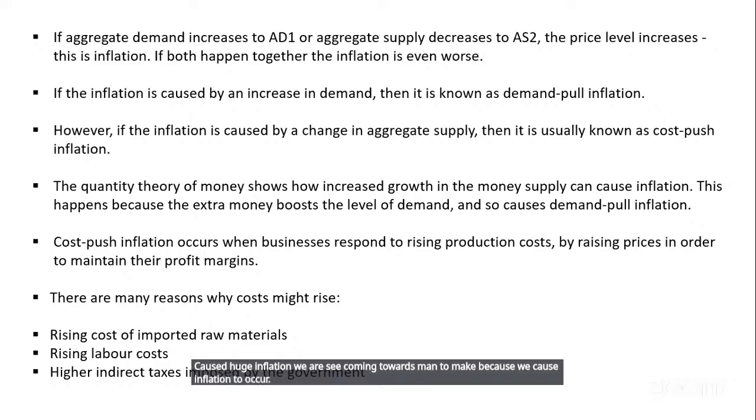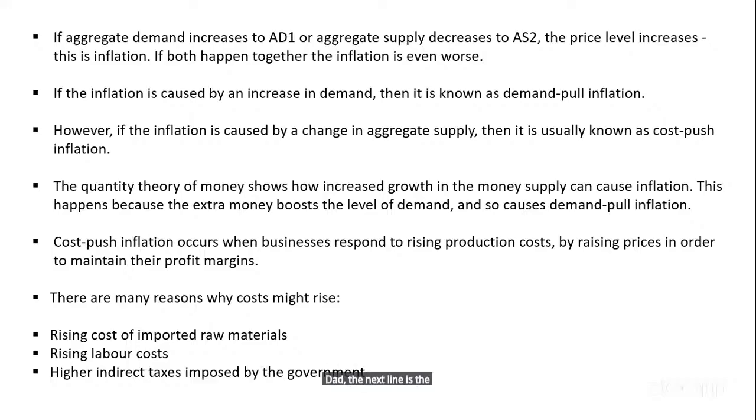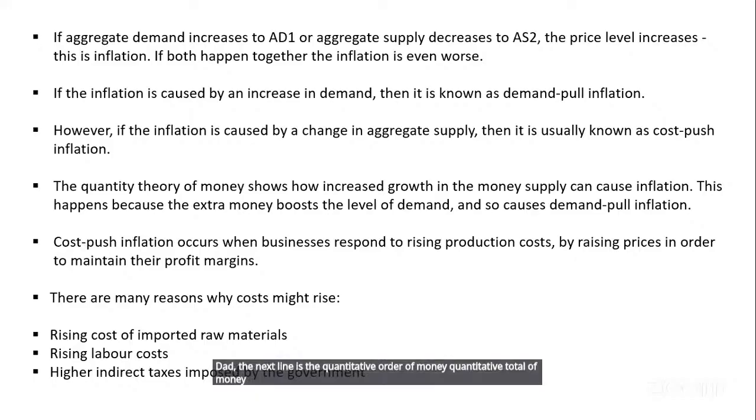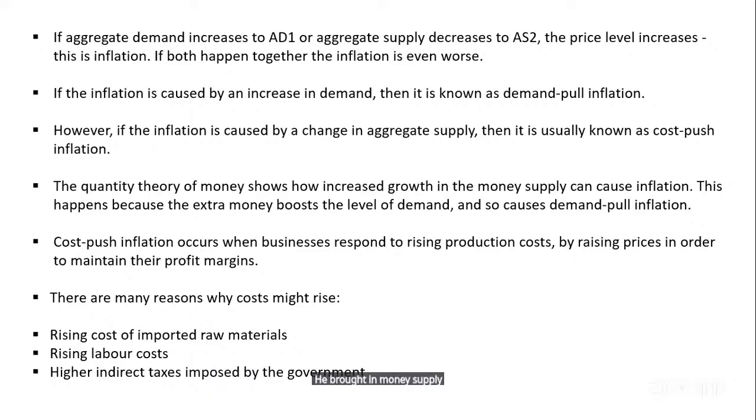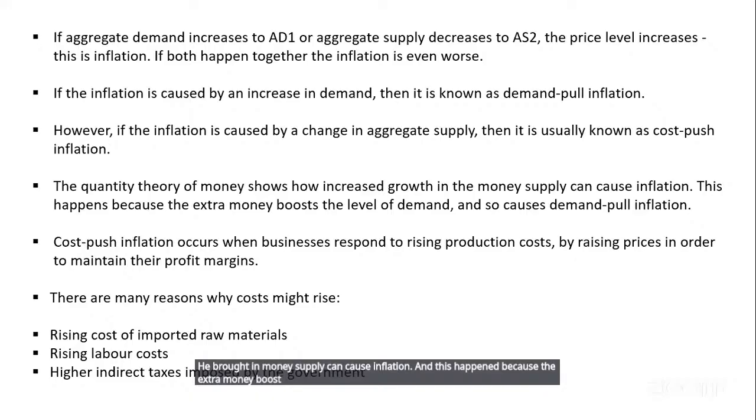Then the next line is the quantity theory of money. The quantity theory of money, according to the classicals, shows how growth in money supply can cause inflation. This happens because the extra money boosts the level of demand and so causes demand pull inflation.